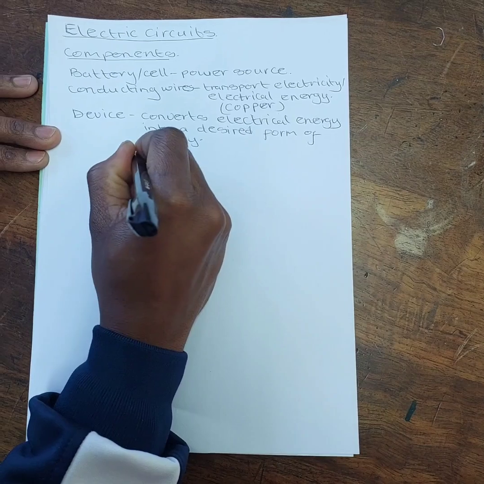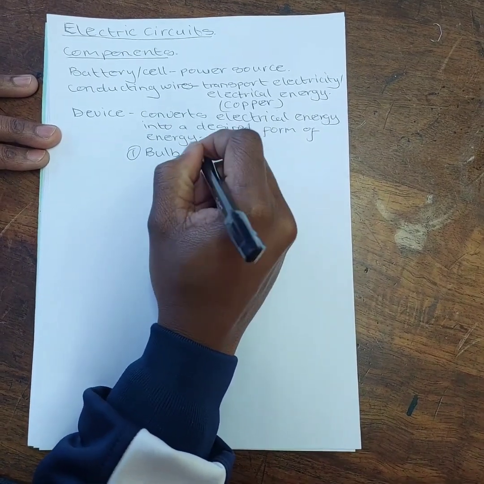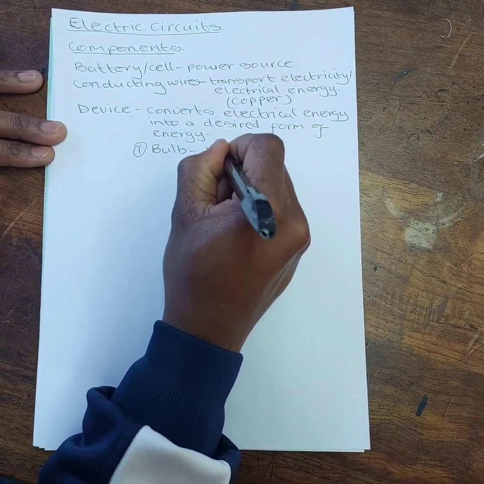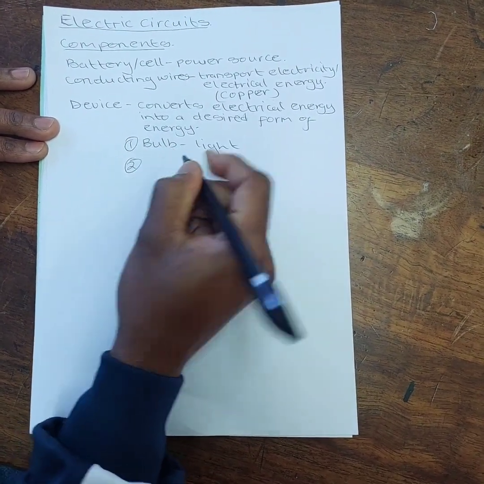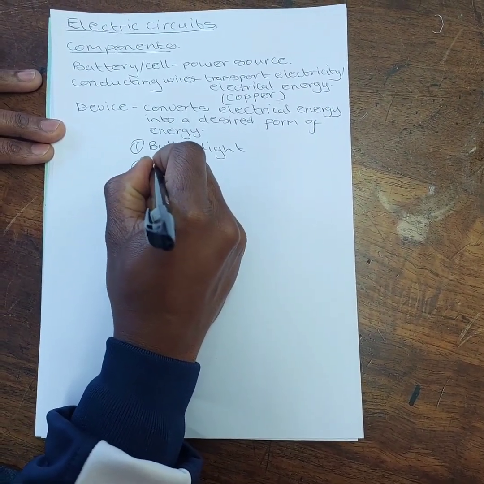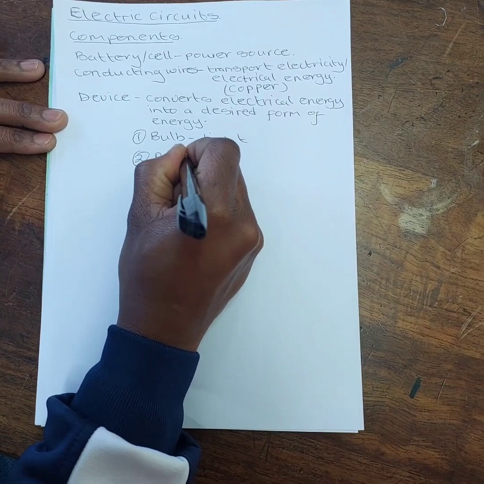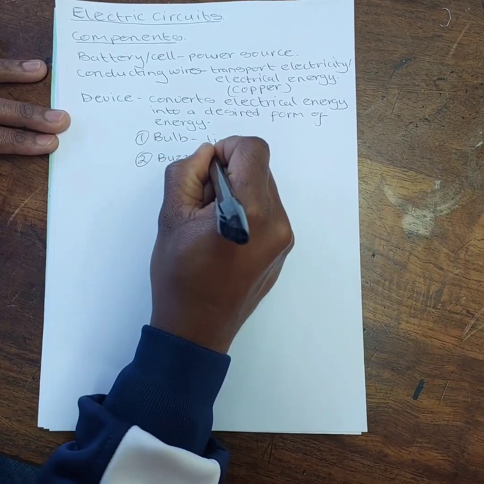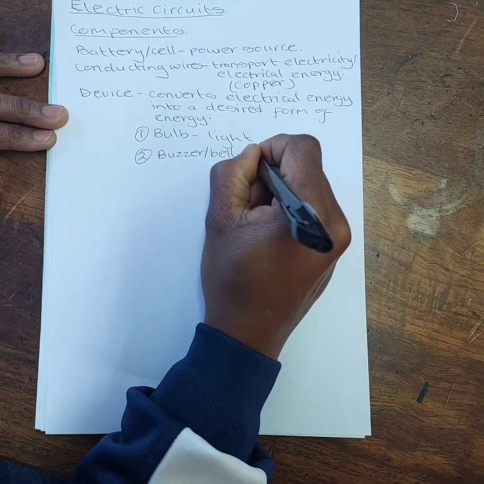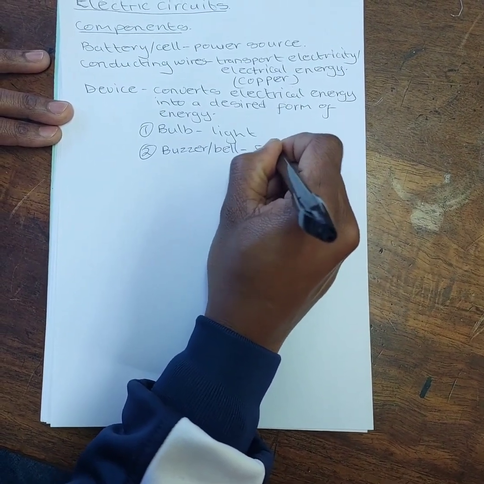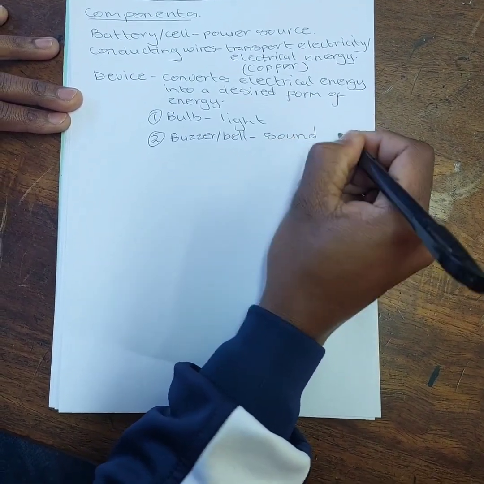A bulb converts electrical energy into light energy. And then secondly, we have a buzzer or a bell. Both of these convert electrical energy into sound energy.